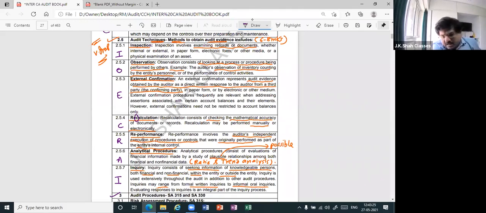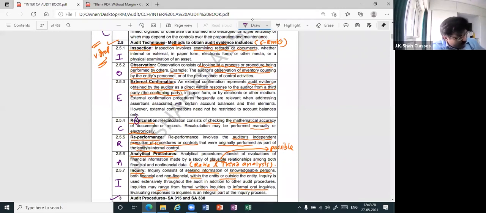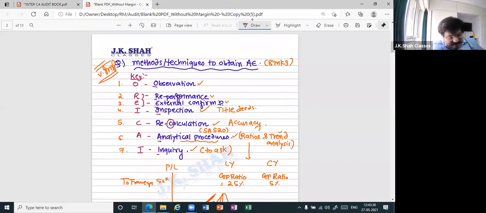Come on, done, yeah. Go to the key chart also and update. Write the question, methods, techniques to obtain audit evidence.